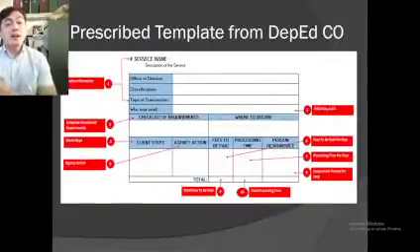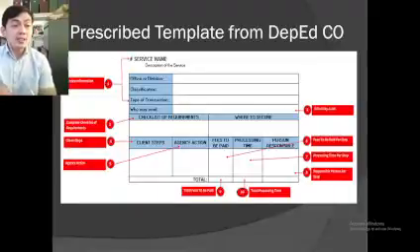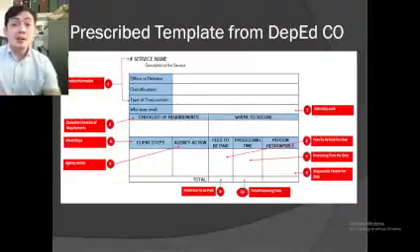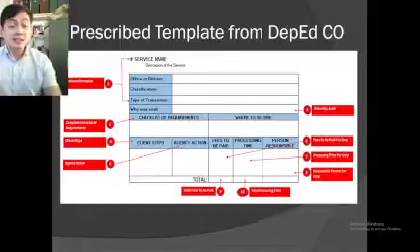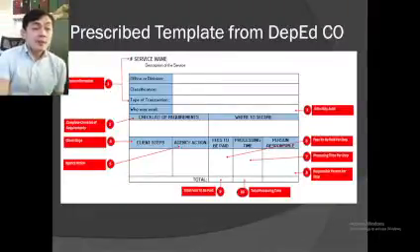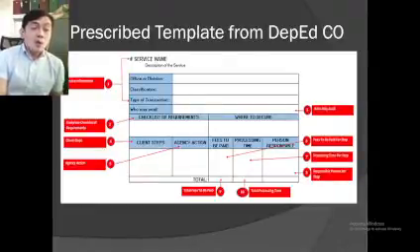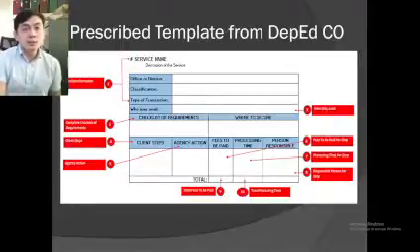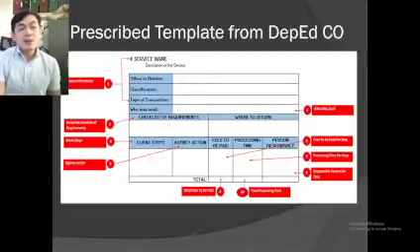This is as prescribed. I follow the prescribed template from the Department central office. These are the guidelines in crafting a particular service or the Citizen's Charter. First, number one is the service information. I identify one particular service, and then give a short description of the service. Then you have to identify which office.